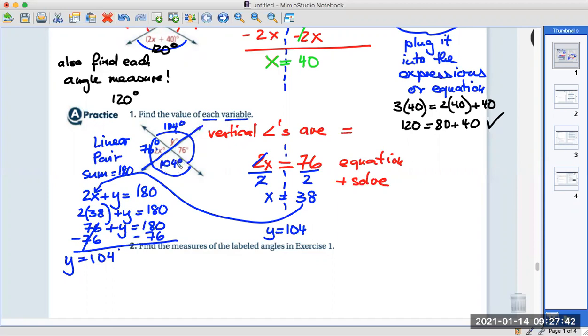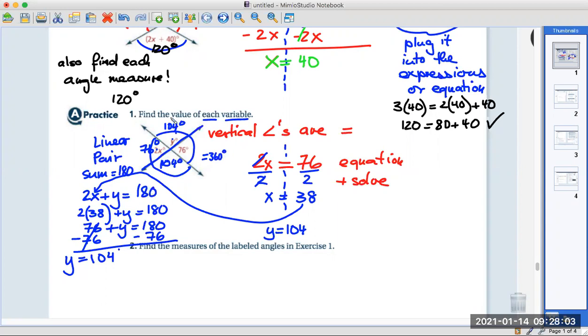The degree sign has to be a little bit higher and smaller, otherwise you'll think it's a 0. It's not a 0, it just means degrees. So 76 plus 104 plus 76 plus 104 equals 360, a full circle.